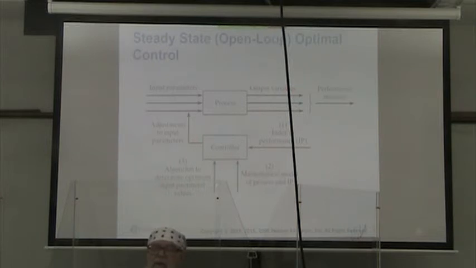We have a well-known index of performance, as I stated a moment ago. We have a mathematical model of the process and our index of performance. And we use an algorithm to determine the optimal parameter values.